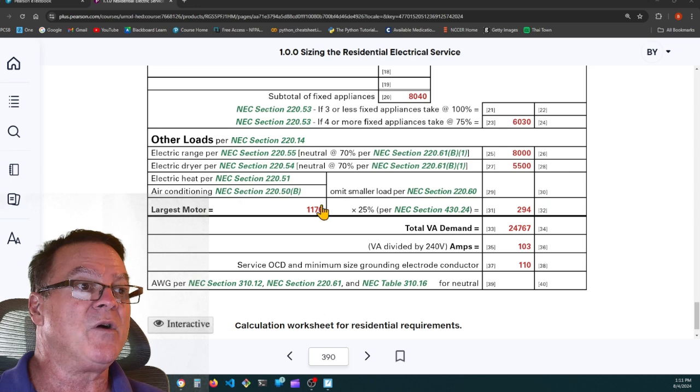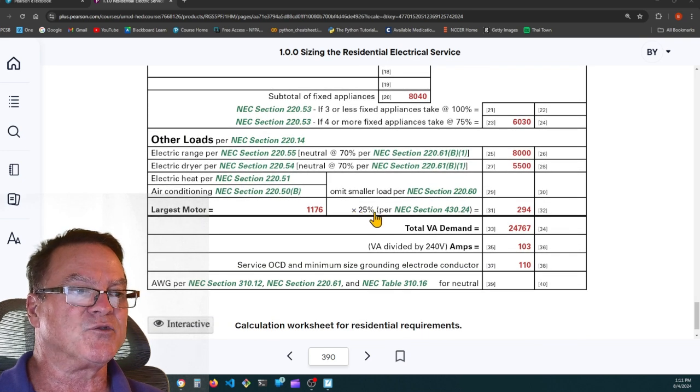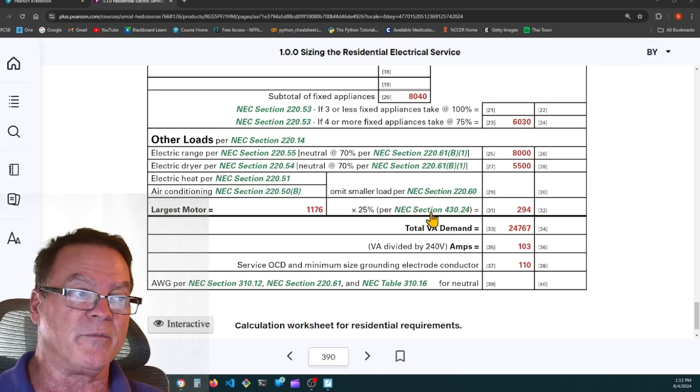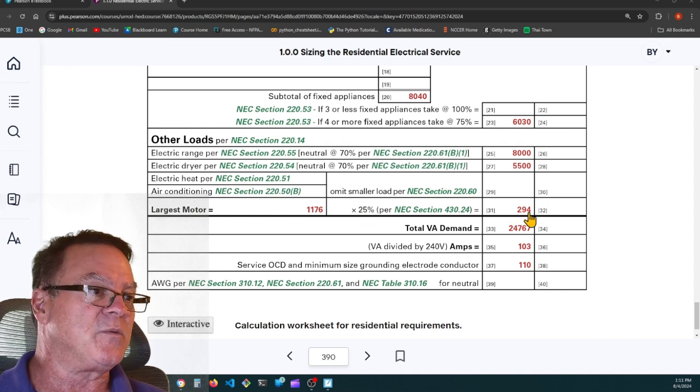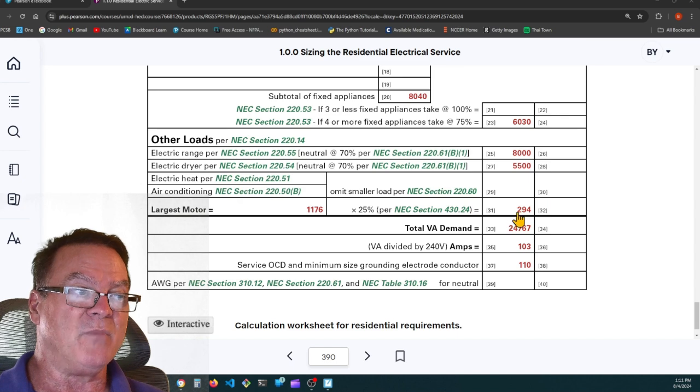And then the largest motor was this half horsepower disposal motor, 1,176. We have to take an additional 25% of the largest motor load, 125% of the largest motor plus 100% of all other motors. So that's what we did here. We added 25% of that largest motor load, 294.